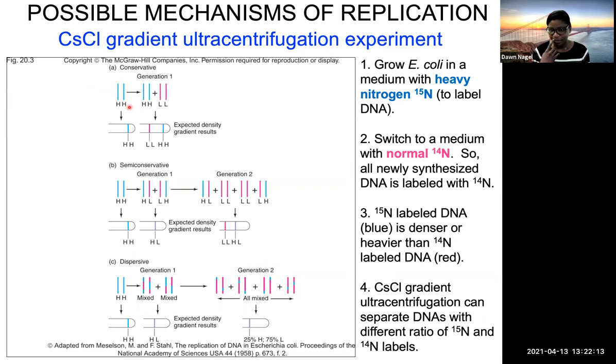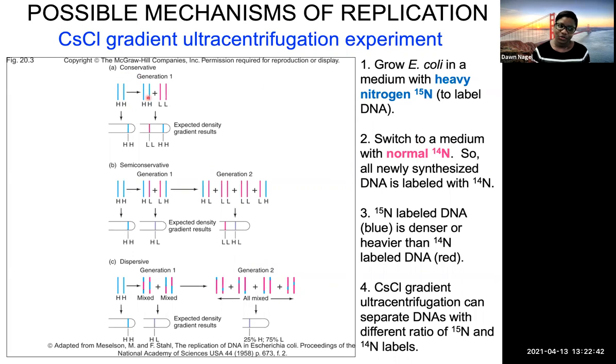After the first round of replication, they decided to add another isotope, which is a little lighter and is the more normal state of nitrogen. This isotope will then get incorporated into all newly synthesized DNA.